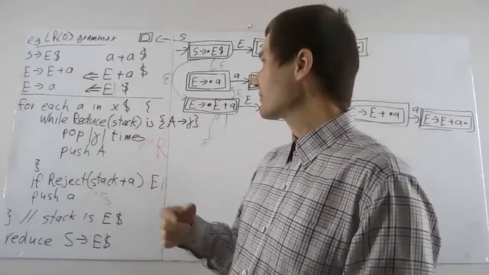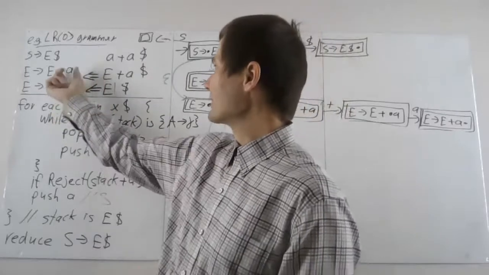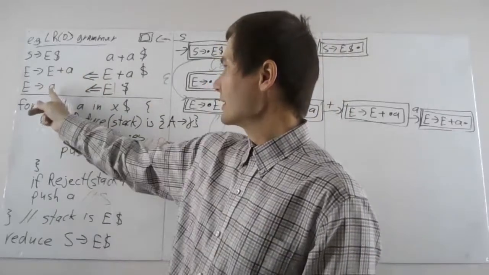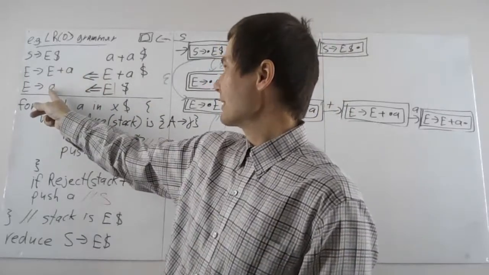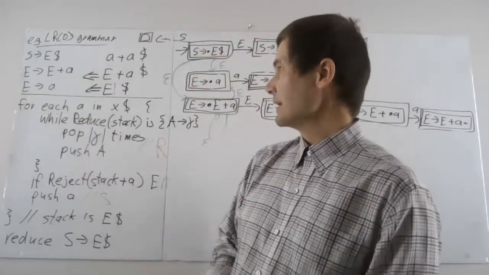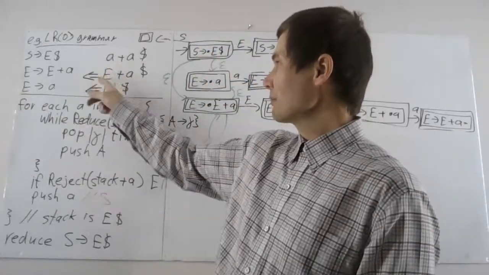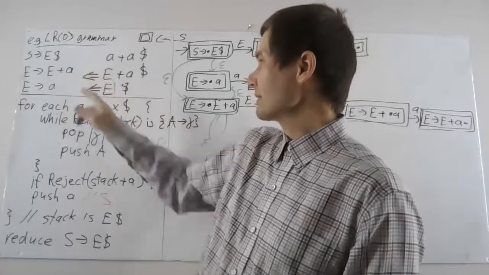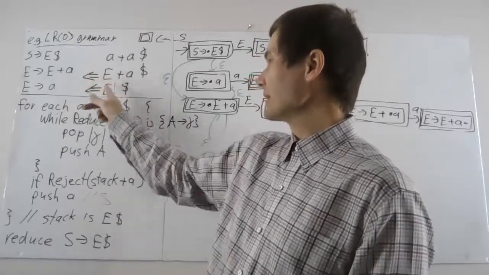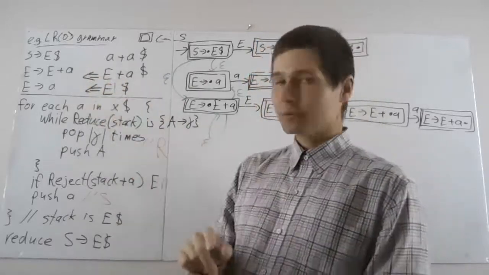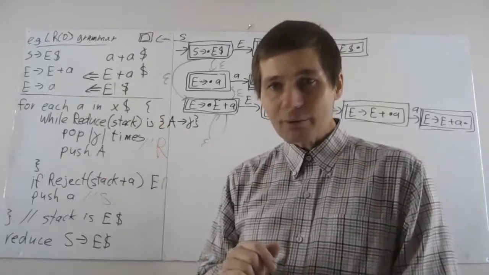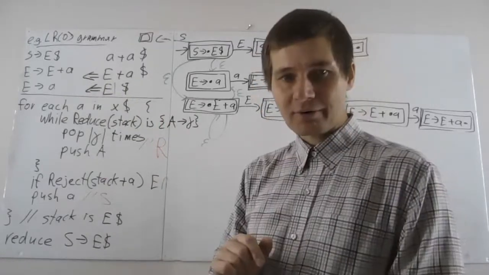And at each step of the parser, we're applying one of these production rules in reverse. So for example, turning the a into an e. And so we build the derivation in reverse. And the hope is that eventually we will reach the start symbol of the grammar.